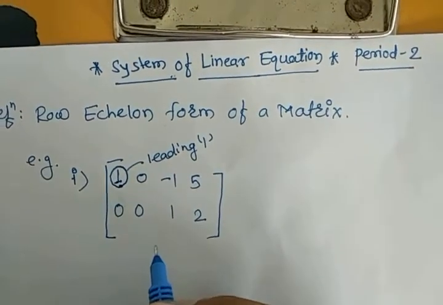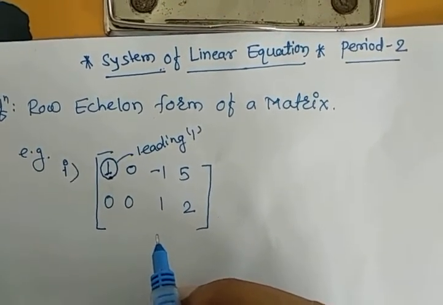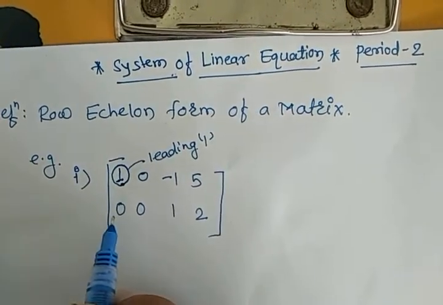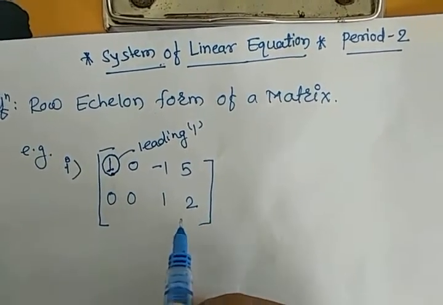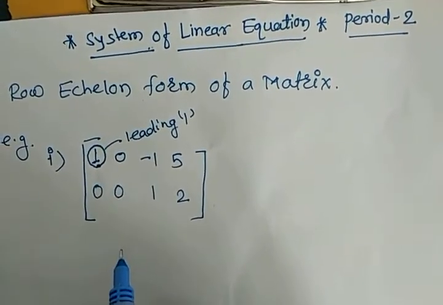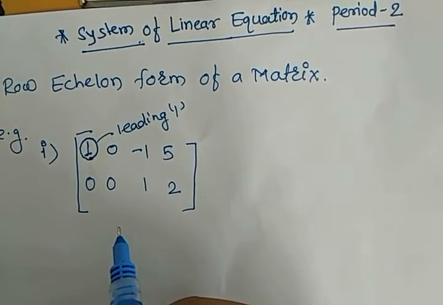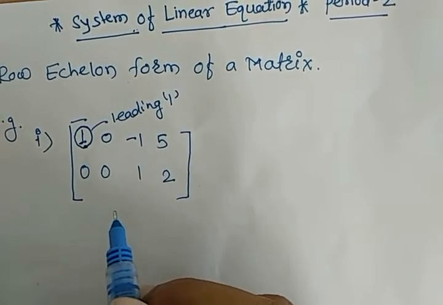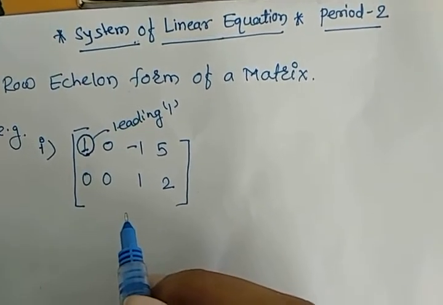Next, the second property: if there are any rows that consist of all zeros, then they are grouped together at the bottom of the matrix. Here, the second row has elements 0, 0, 1, 2. It is not totally 0, so the second property is not applicable in this example. And in the third property, in any two successive rows that do not consist entirely of zeros, the leading 1 in the lower row occurs further to the right than the leading 1 in the higher row.